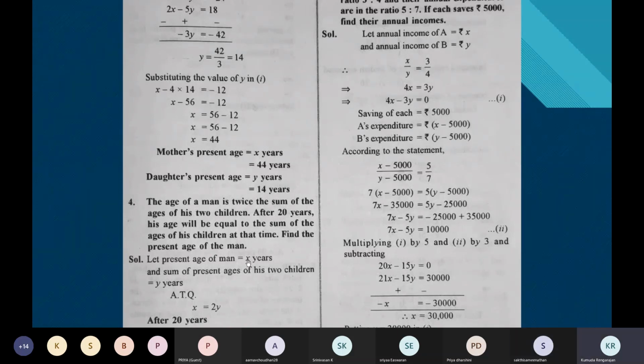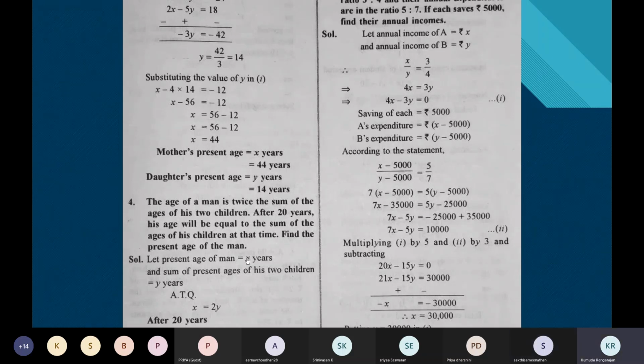The man's present age is X years and the sum of the present ages of the two children is Y years. According to this information, the man is twice the sum of the ages of the two children. So the man's age X is 2 times Y, so X is equal to 2Y is from this information.